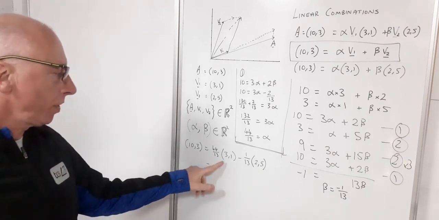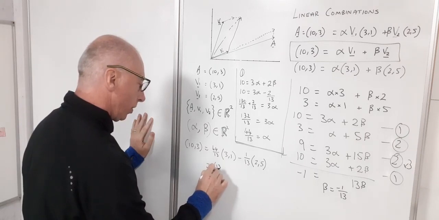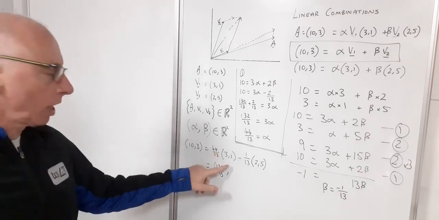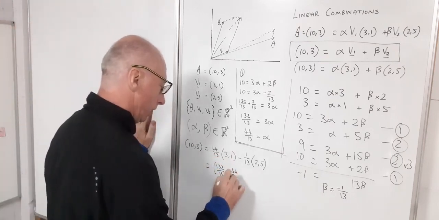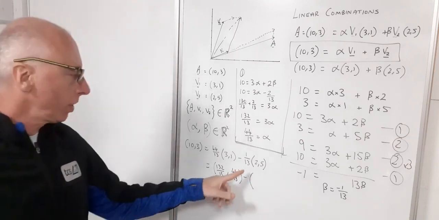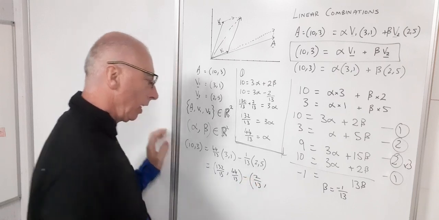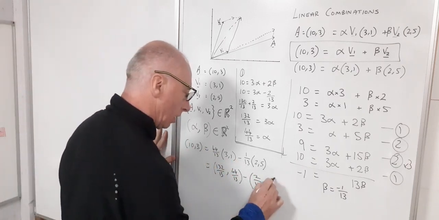So 44 over 13 times 3. So that gives me then 132 over 13. This one, 44 over 13 times 1, just gives 44 over 13. And then 1 over 13 times 2 gives me 2 over 13. And then here, 1 over 13 times 5, I've got 5 over 13.